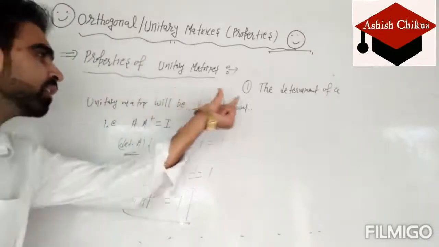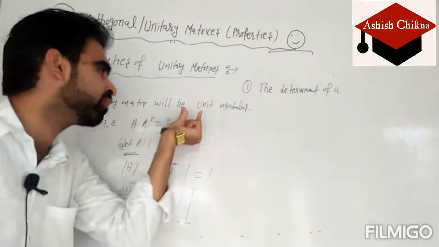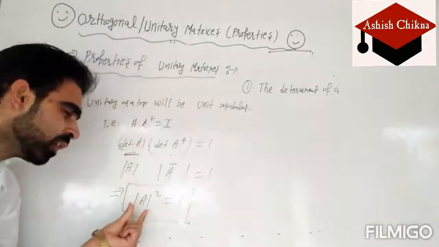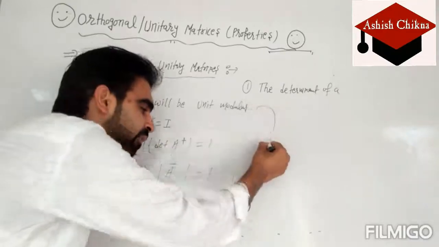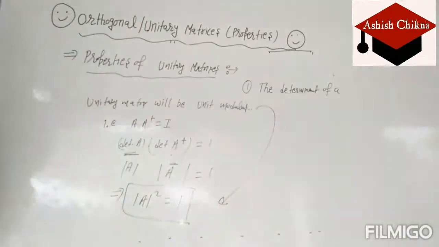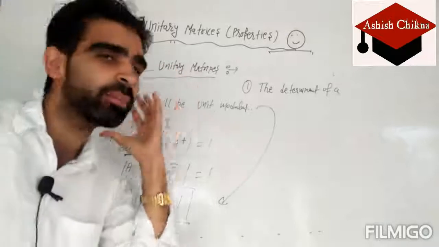So the determinant of a unitary matrix has unit modulus. This verifies the first property of the unitary matrix.